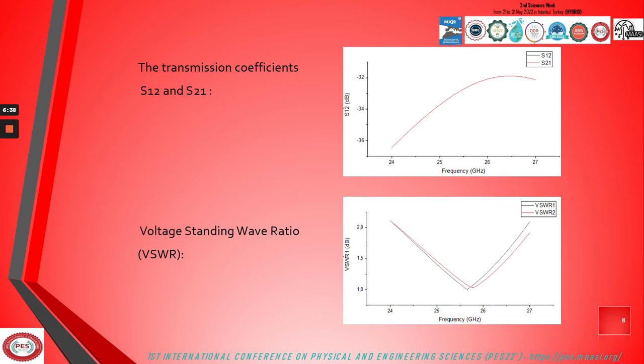With this ratio, we check the reflection of the antenna, how the antenna tolerates the power received. For a good ratio, we have to have a VSWR equal to 1, which is very obvious on the figure. It is 1 for both VSWR1 and VSWR2.